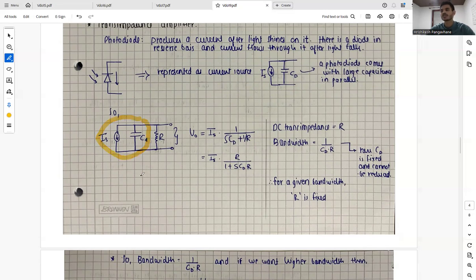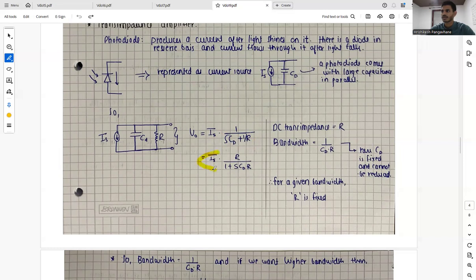To take a voltage from it, initially what we'll do is attach an R in shunt, and we will take the voltage across it, which will be V naught. Let's say it produces a current IS. So the voltage across R will be IS times 1 upon the total impedance, which is 1 upon (SCD plus 1 by R).